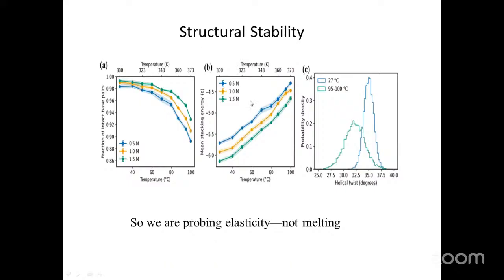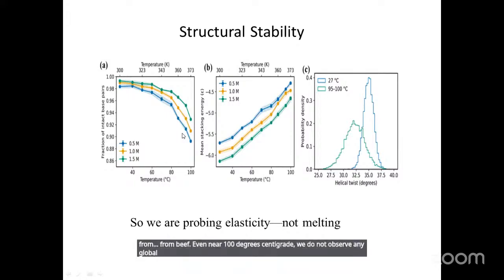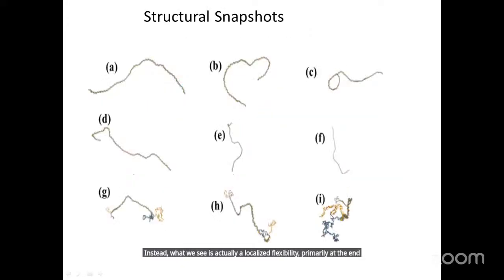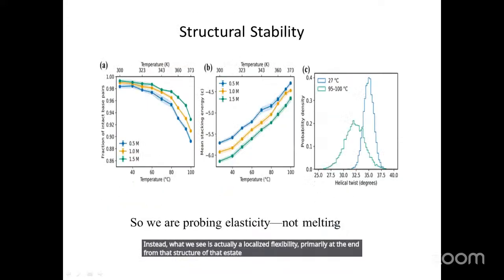We analyzed the structural stability of the DNA duplex. As we can see, even near 100 degrees centigrade, we do not observe any global denaturation. Instead, what we see is localized flexibility, primarily at the ends.